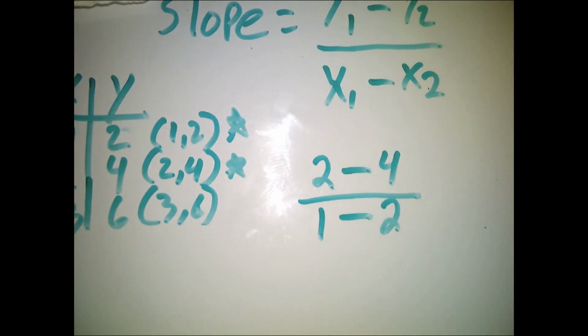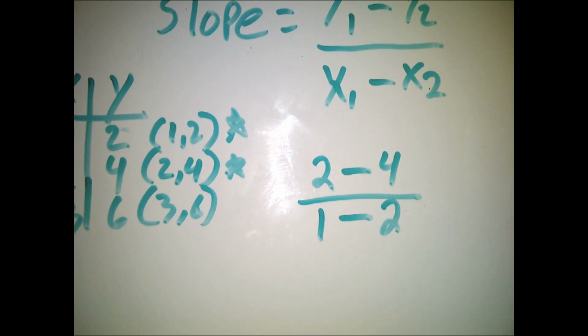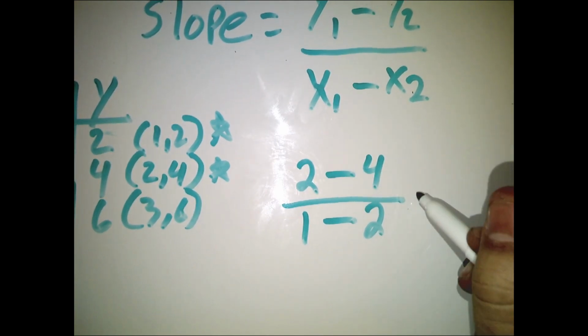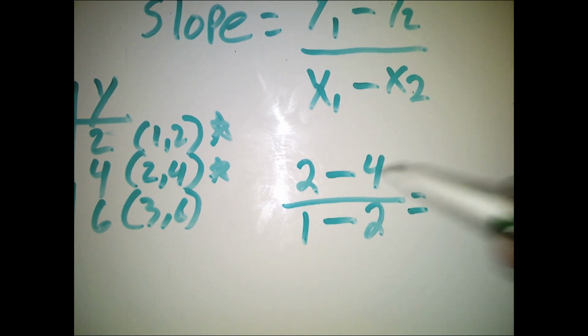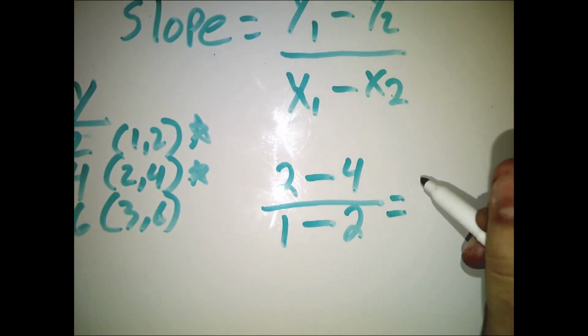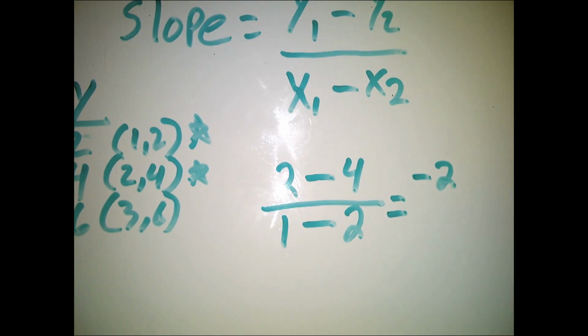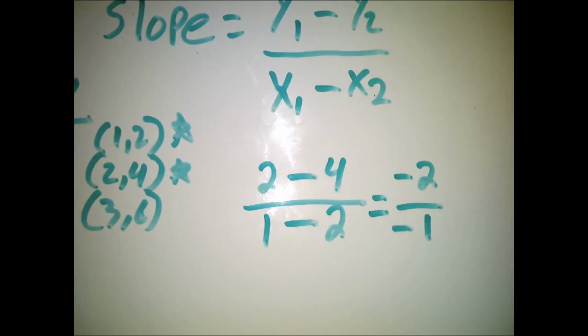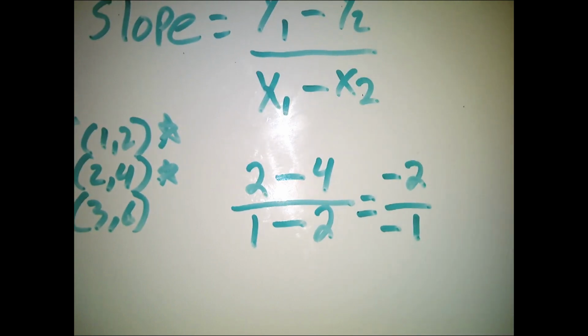Now I know what you're thinking. Oh, that's going to be a negative, Math Man. Oh, I get it. But that's okay, because when it divides out, it'll make sense. Here we go. So if we go 2 minus 4, that gives us negative 2. And 1 minus 2 will give us negative 1. Now we can simplify this fraction because anything divided by 1 is the same number.